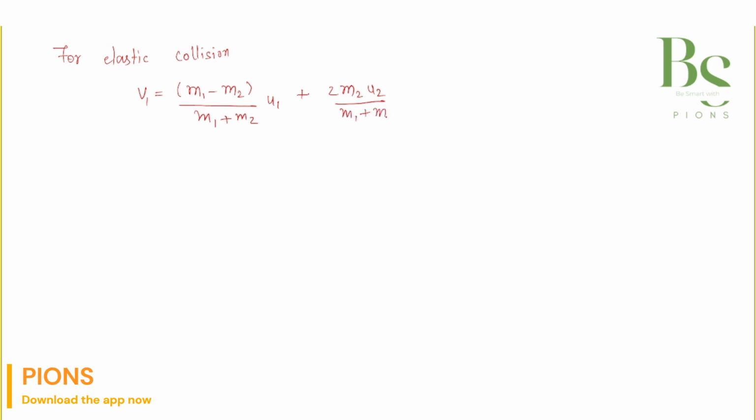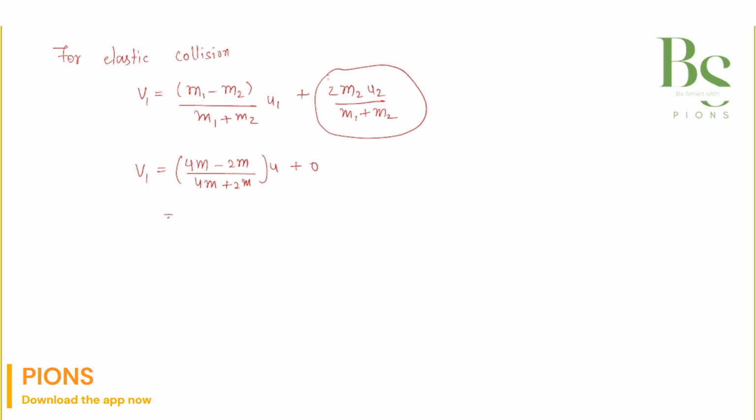Now this is the general case. In this particular case, our initial velocity of the second particle is 0, so that part will be 0. So we get v1 as m1, which is 4m, minus m2, which is 2m, whole divided by 4m plus 2m, into u plus 0, correct?